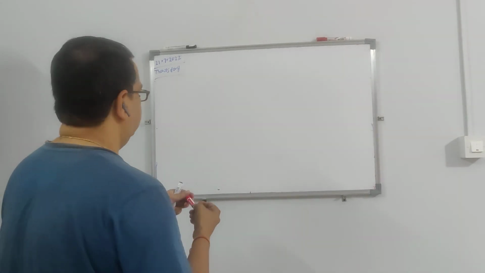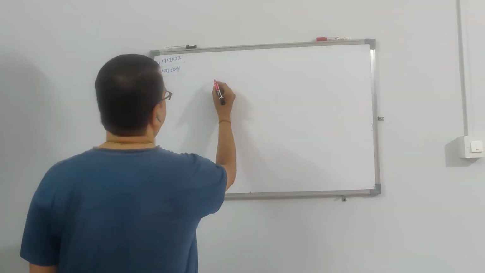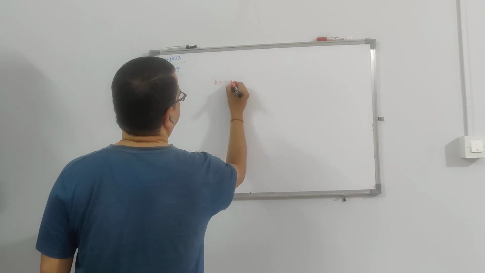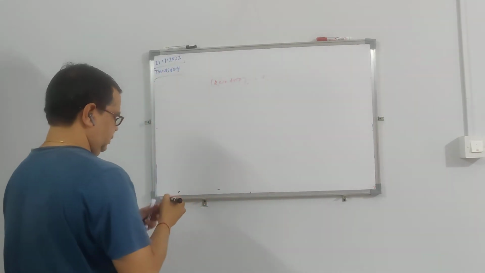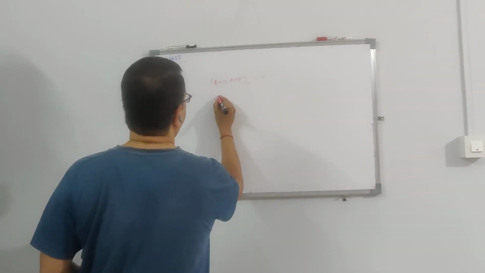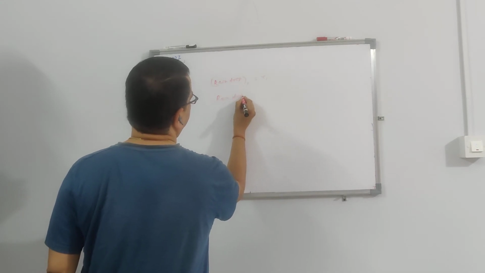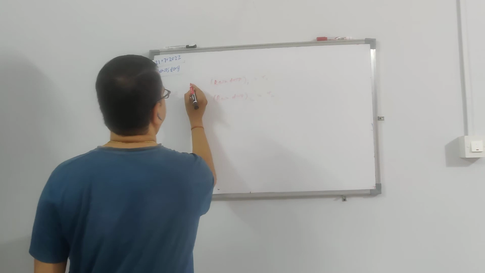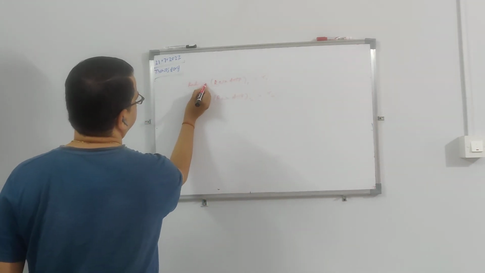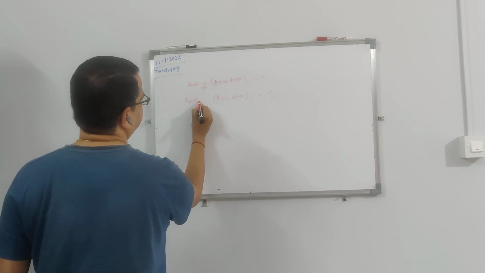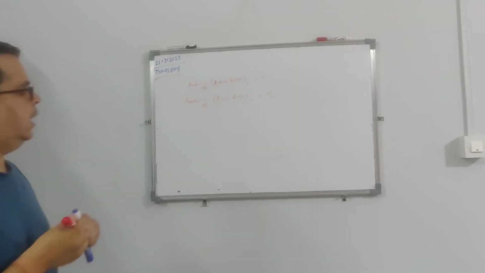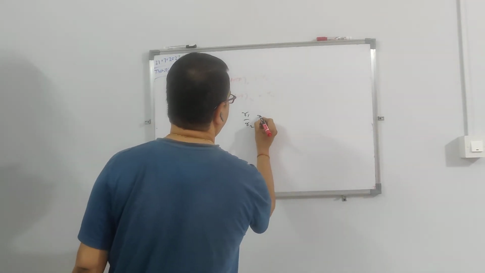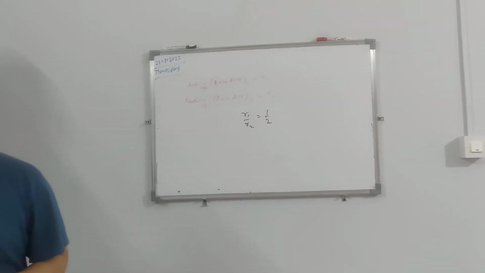I have raindrop 1, which has radius R1, and raindrop 2, which has radius R2. So R1 by R2 is equal to 1 by 2. They fall from a great height through the atmosphere.